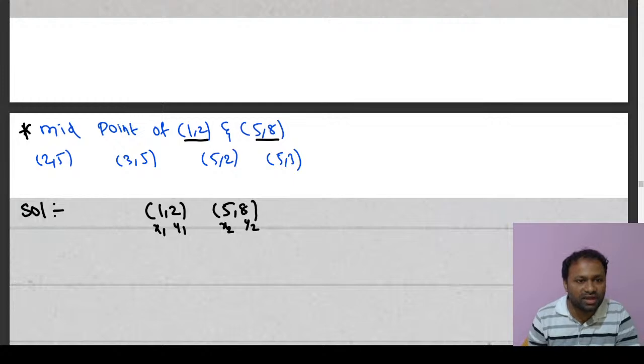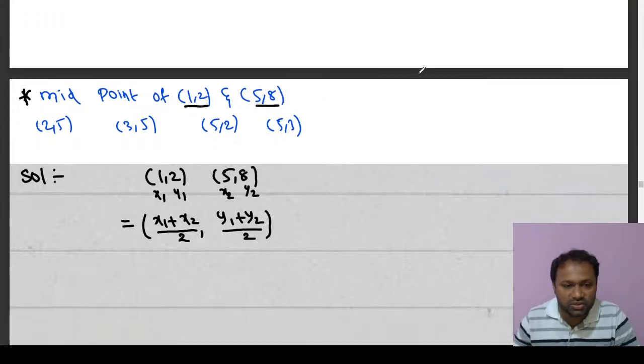Let us check whether it is correct or not. So ordered pair 1 comma 2, 5 comma 8. So here the midpoint formula is x1 plus x2 by 2 and y1 plus y2 by 2.